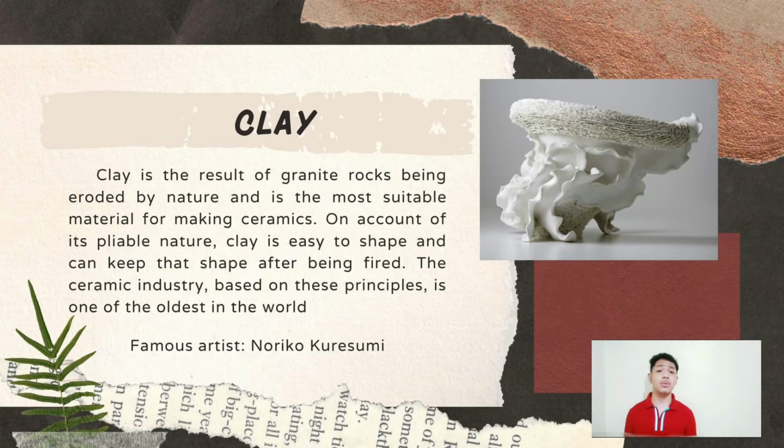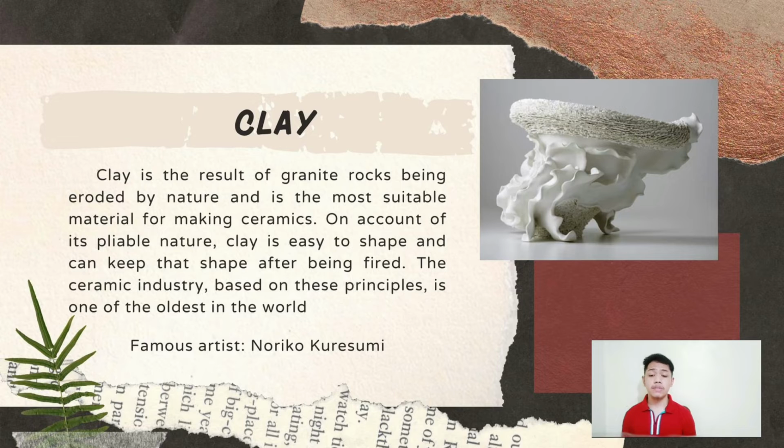So, as I have said, what is clay? Clay is the result of granite rocks being eroded by nature. So, granite rocks at first is a type of sedimentary rocks. Sedimentary rocks are type of rocks that is above earth, or all of those stones that we are seeing right now. And those stones are being eroded by the erosion agents through time. Those erosion agents are like water or wind or the air that we know.